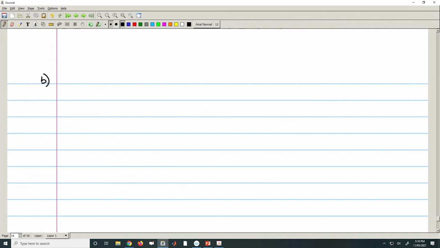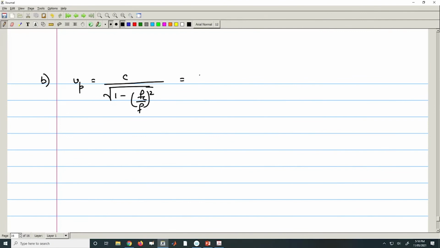Now, subpart B. We need to determine the phase and group velocities. Okay. So, phase velocity is given by c upon root over 1 minus Fc upon F square. So, we know all the values.